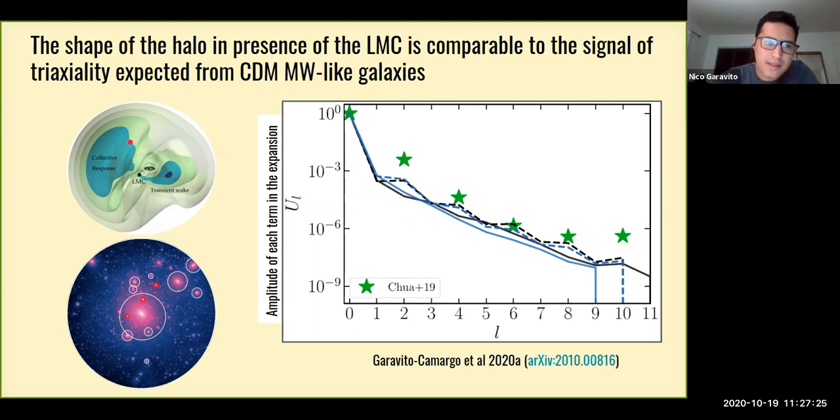Without the debris, things are very axisymmetric. The wake and the collective response is what really makes the odd terms stronger. So when you have the debris, which is not aligned with the collective response and could be in another direction, it induces mostly even terms.